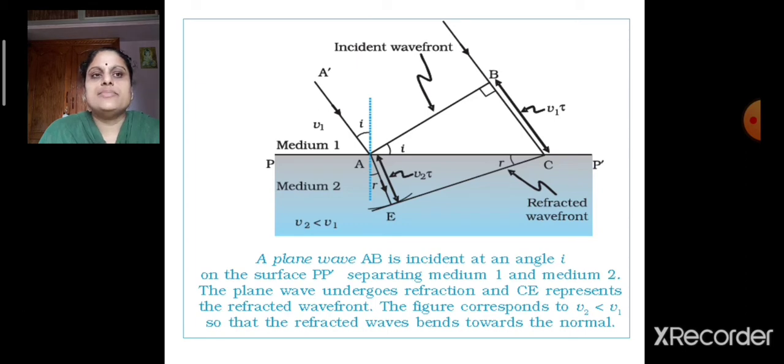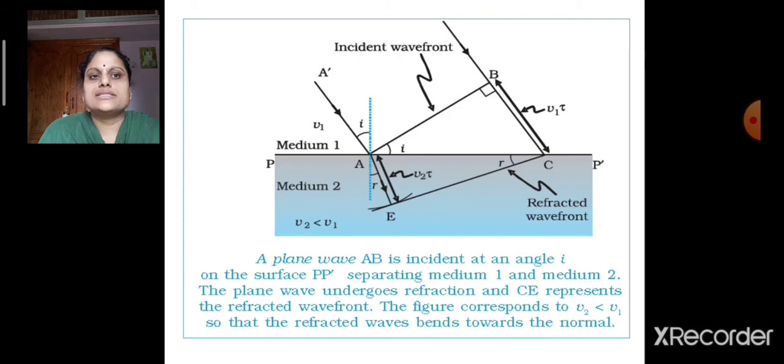The distance BC will be equivalent to V1 tau, if tau is the time taken by the light ray in travelling from B to C. And the distance AE will be equivalent to V2 tau.